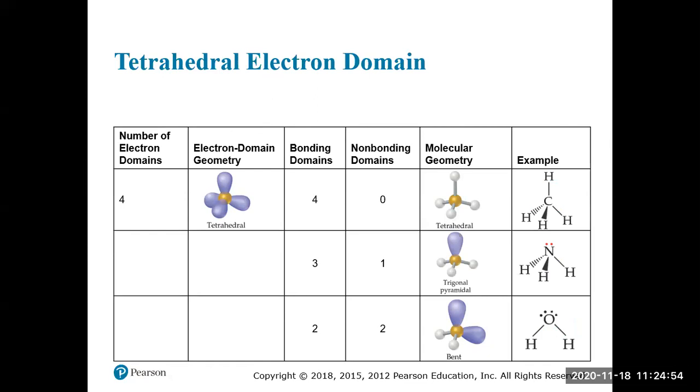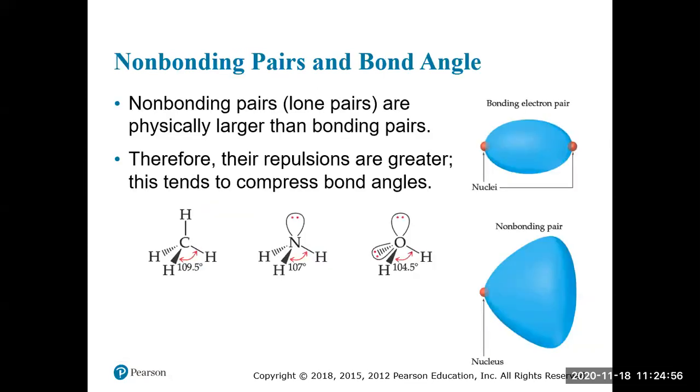But the other thing it did is that it also changed the bond angles. It's because those lone pairs are a little more impactful in bond angle and repulsion than the bonding pairs are. I believe you saw that when you did some of your bond angle measurements in the last lab.